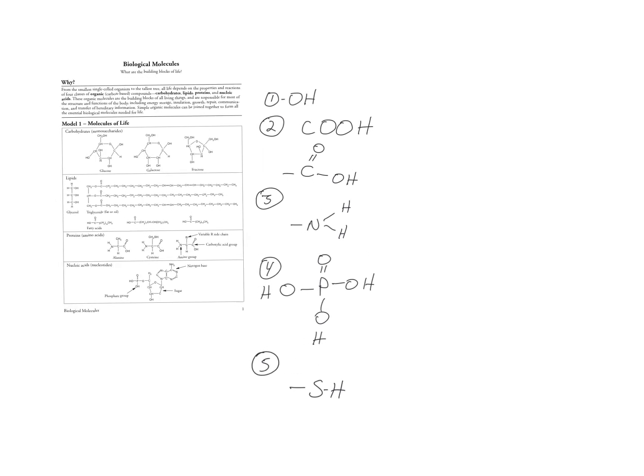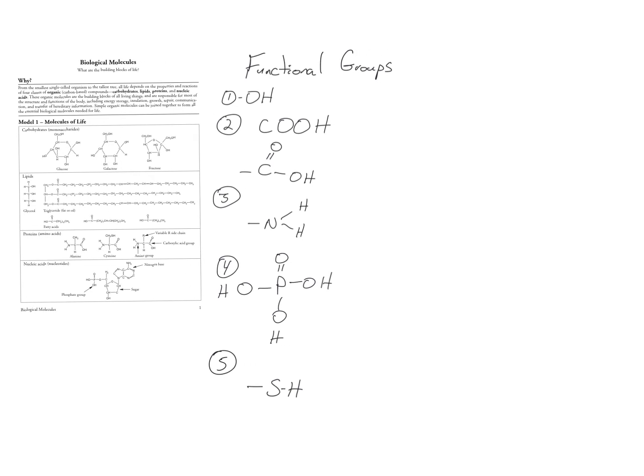So when we're talking about biological molecules, you have these things, again, called functional groups. Now, this is known as hydroxide. This is known as a carboxyl group, or carboxylic acid.